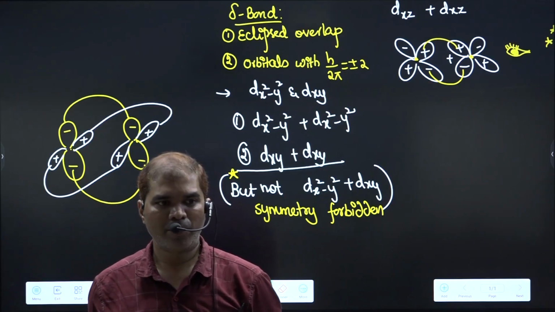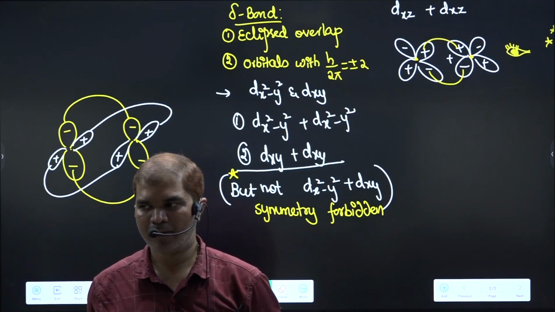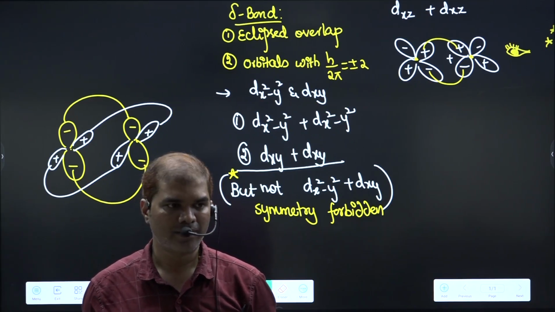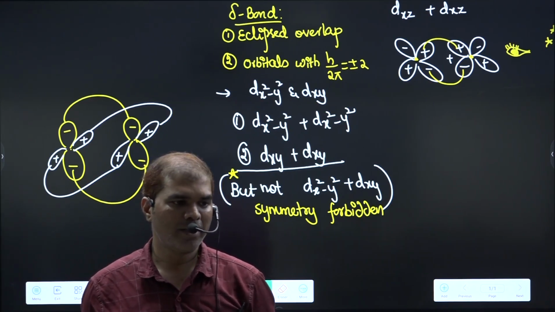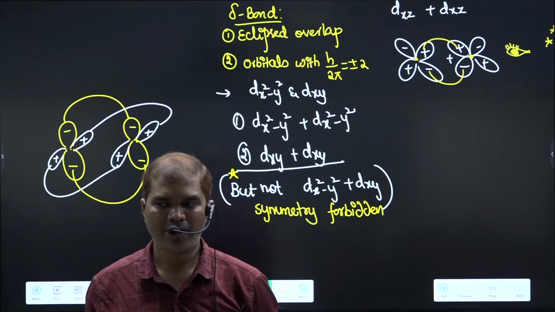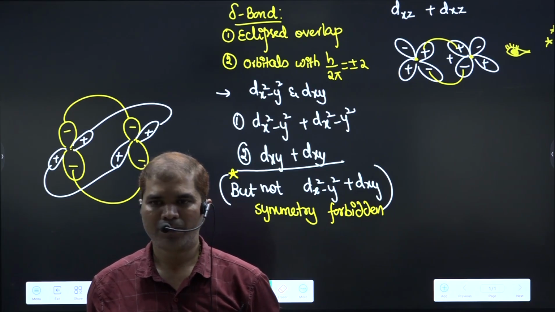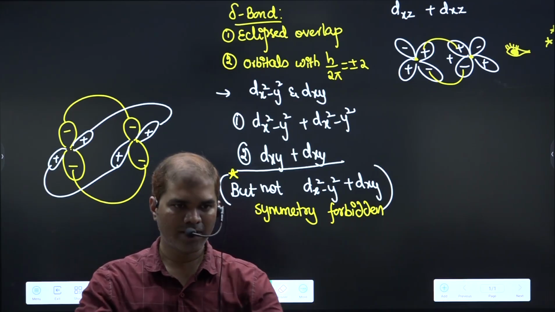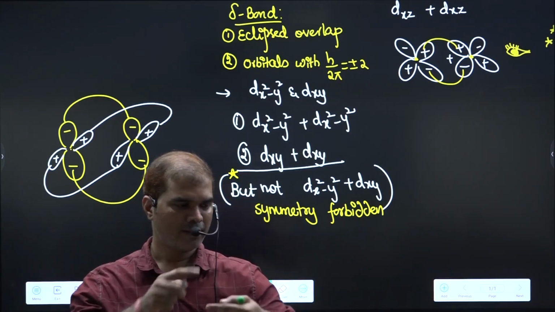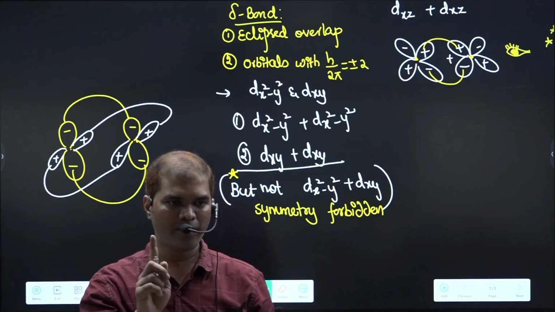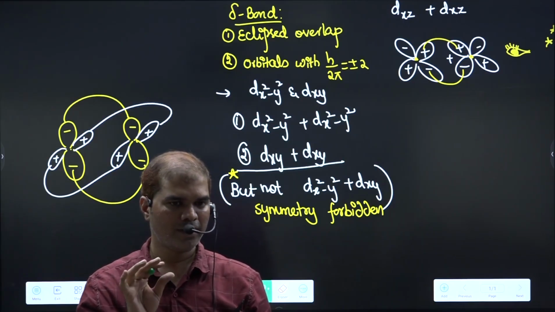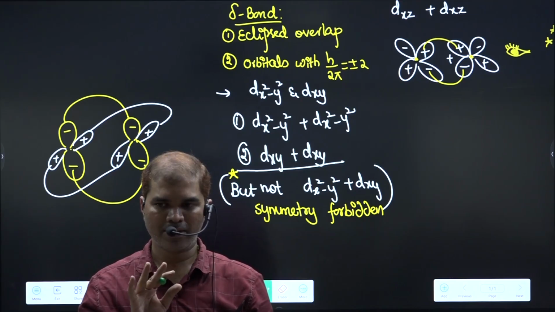Had I mentioned 4d, 5d, then you should have thought about radial nodes. I just gave you dx square plus y square, means it is angular only. How many angular nodes? 0. Because everywhere it is the same phase. Therefore the number of nodes in dx square plus y square is 0.